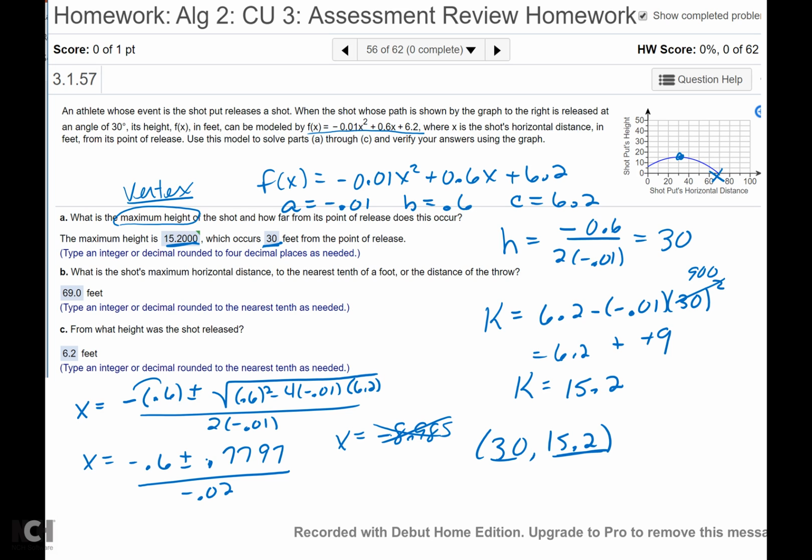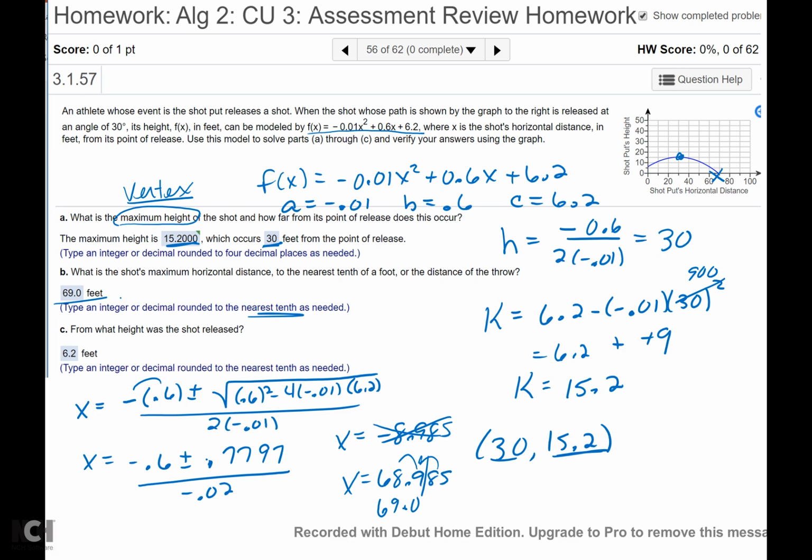So if I do my other one, negative 0.6 minus 0.7797 divided by negative 0.02, I get x equals 68.985. And if I round to the nearest tenth, the 8 would bump that up to a 0, which bumps that up to a 9, which makes it 69.0.